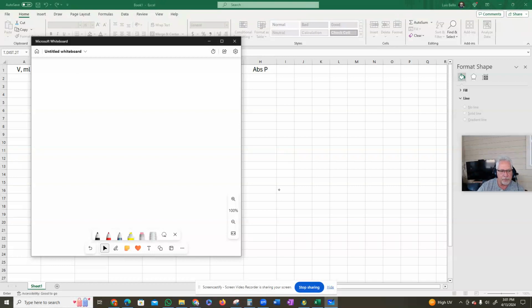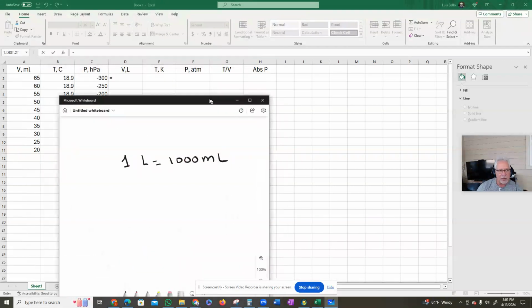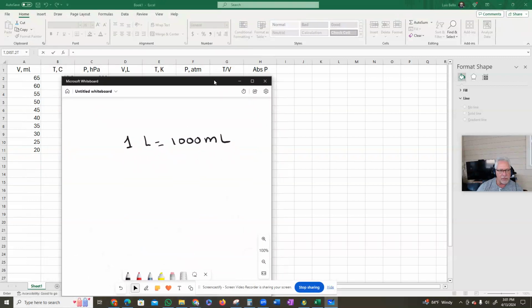So you know that 1 liter equals 1,000 milliliter, right? And we have here on the first one 65 milliliter. So we need to place the 65 milliliter here, and we can make a proportion and solve how many liter will be. That will be question mark equals 1 times 65 over 1,000.